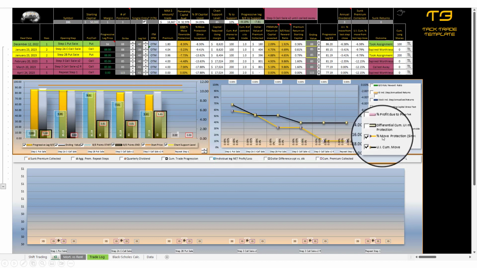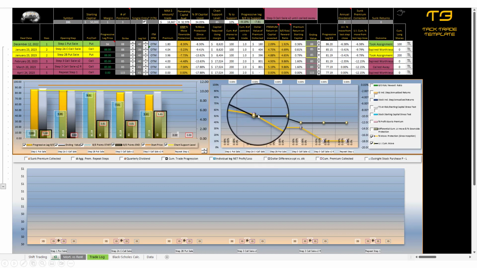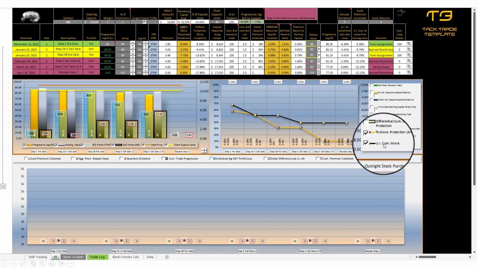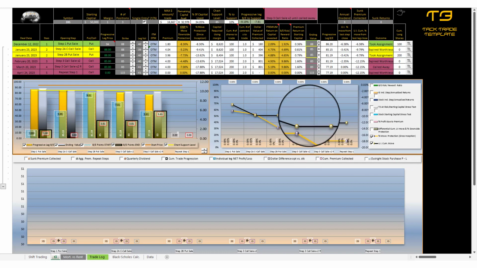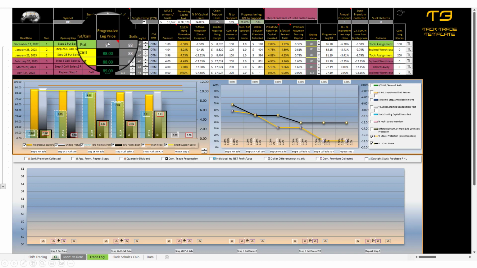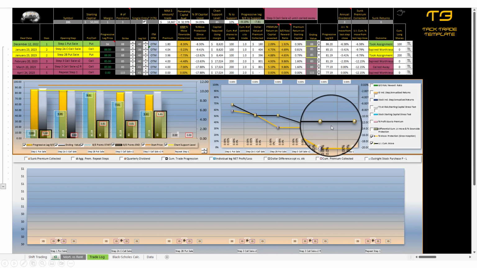The very last metric is the percentage move protection since inception. It's the yellow or orange line, and you always want to have this line below where the UI is, which is the underlying instrument. So if this is how far drawn down Disney became, which was at its worst point minus 12.15% from the starting value of 94, our break even was always below that.